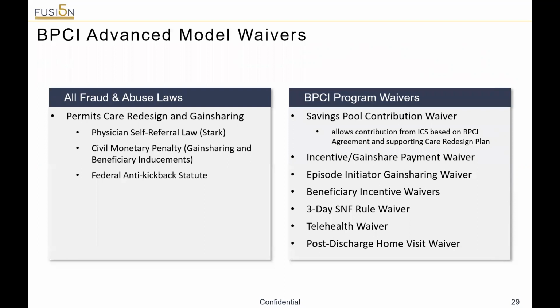A telehealth waiver, because the telehealth regulations are a little stringent right now and they need to be relaxed, and post-discharge home visit waivers that allow visits at the home by a clinical staff as long as they're supervised by a physician.